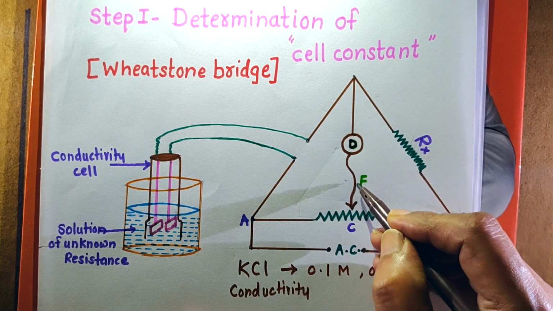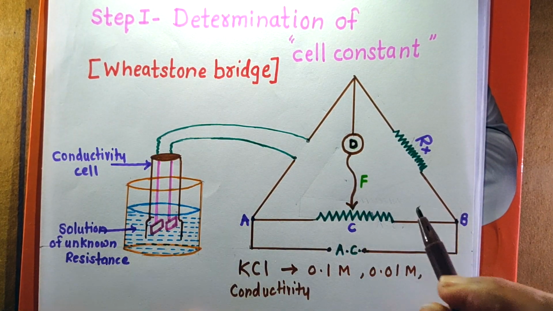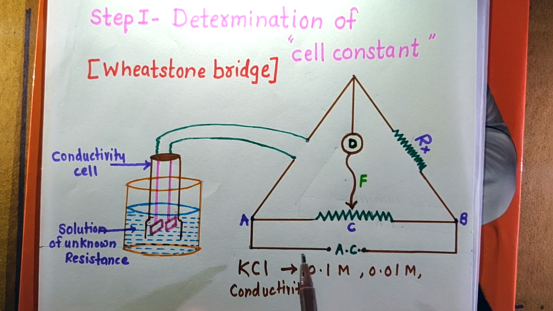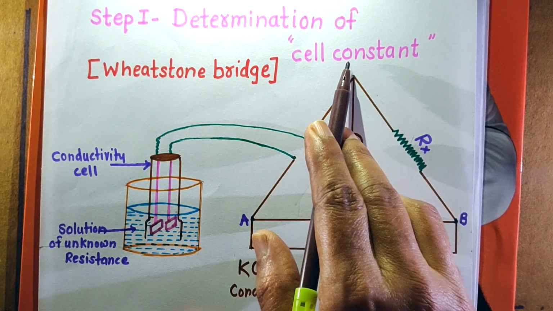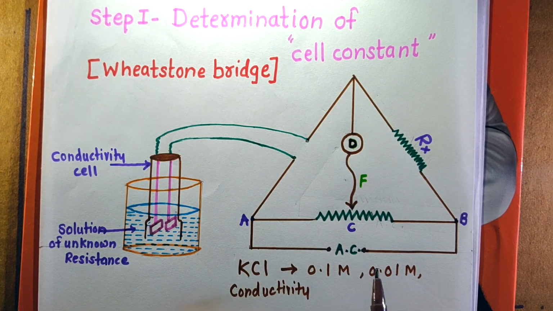F is the sliding contact, also called the jockey. Now this arrangement is connected to AC, that is, alternating current. Direct current you cannot use to determine the resistance of the solution, so we are using alternating current here. So this is the source of alternating current.